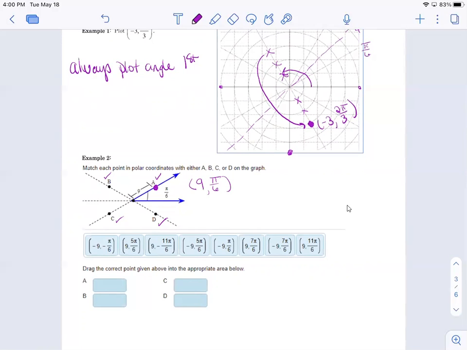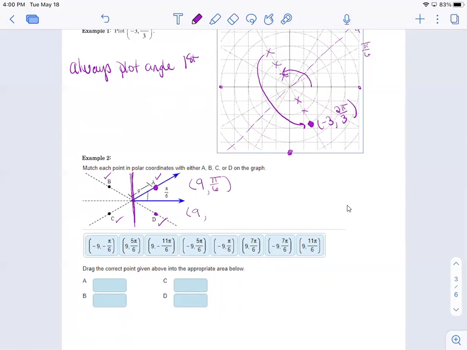Well, I can also see that D is going out 9 as well. But let's think about it. I haven't gotten to my choices at all, but let's create a quadrant for us.